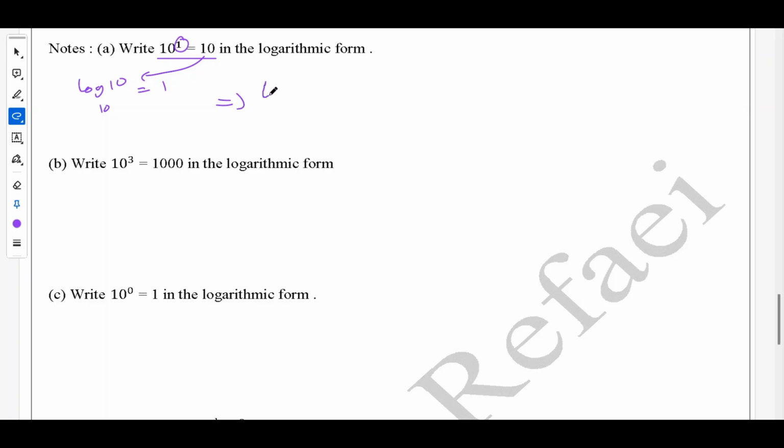According to that, log a to the base a always equals 1. Another example: log 15 to the base 15 equals 1. This is the first proof.